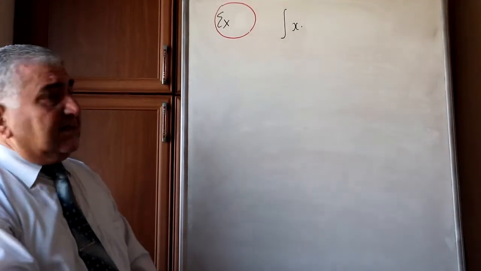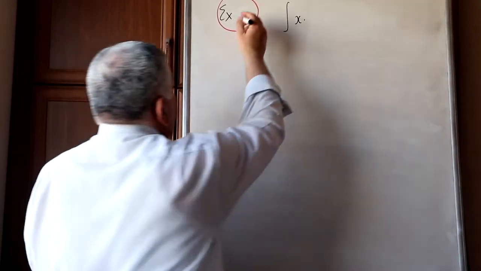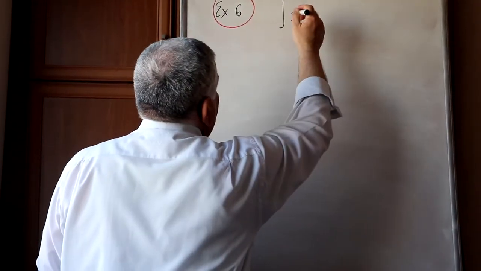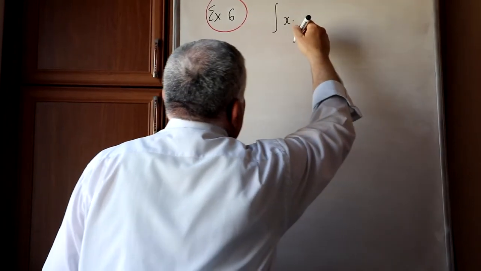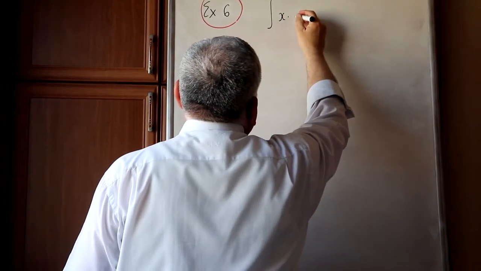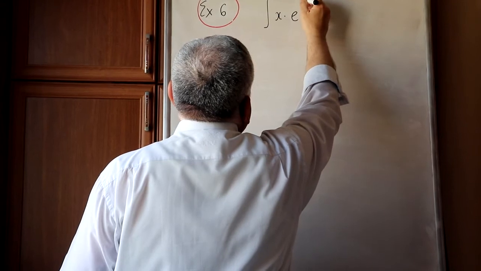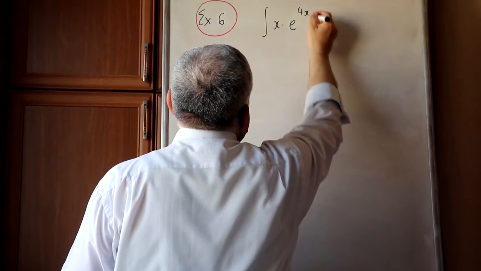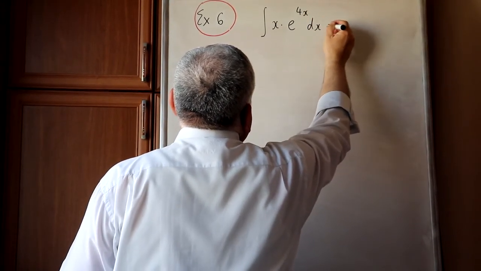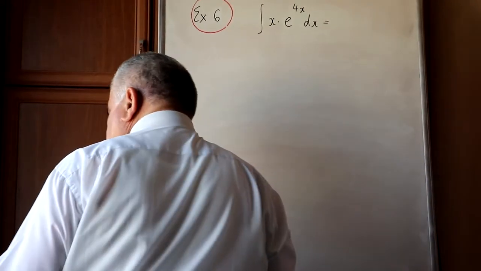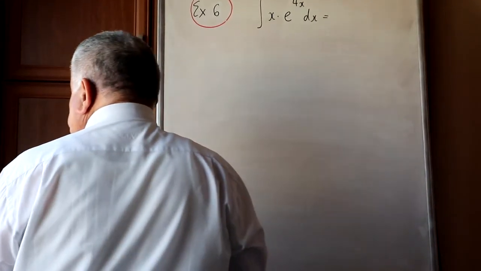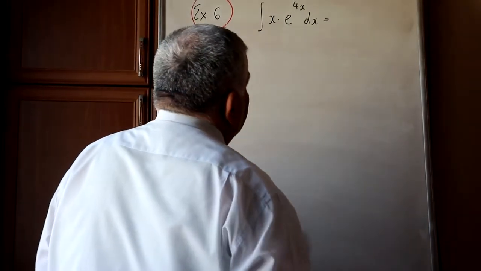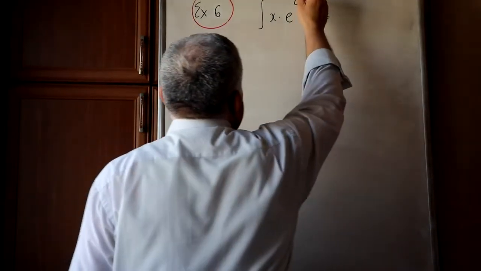Now consider the sixth example. Example 6. Find the integral of x multiplied by e to the 4x dx. Here first change 4x by new variable t.